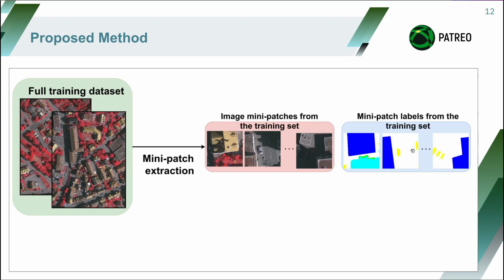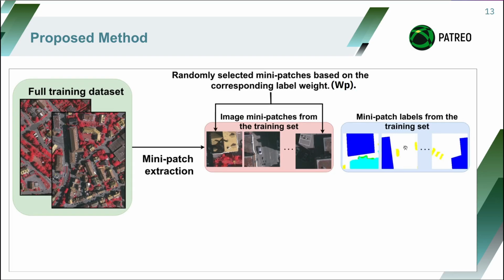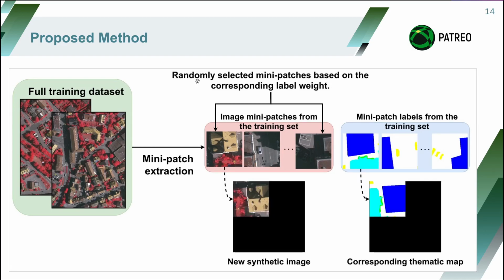So after calculating these weights for all the mini patches, we will then start the process of creating new synthetic images. So first we will randomly select a mini patch based on that weight I showed before. We take this patch, we transform it using a set of predefined transformations that the user may desire.